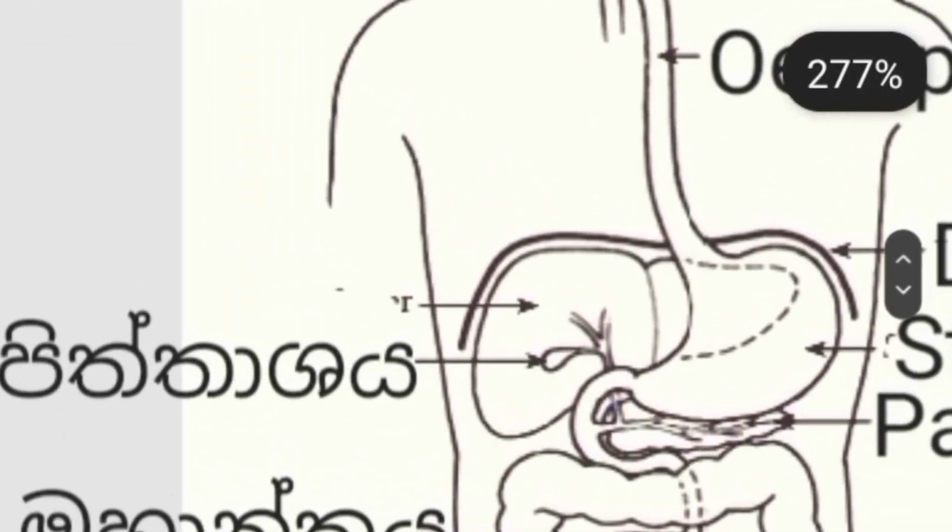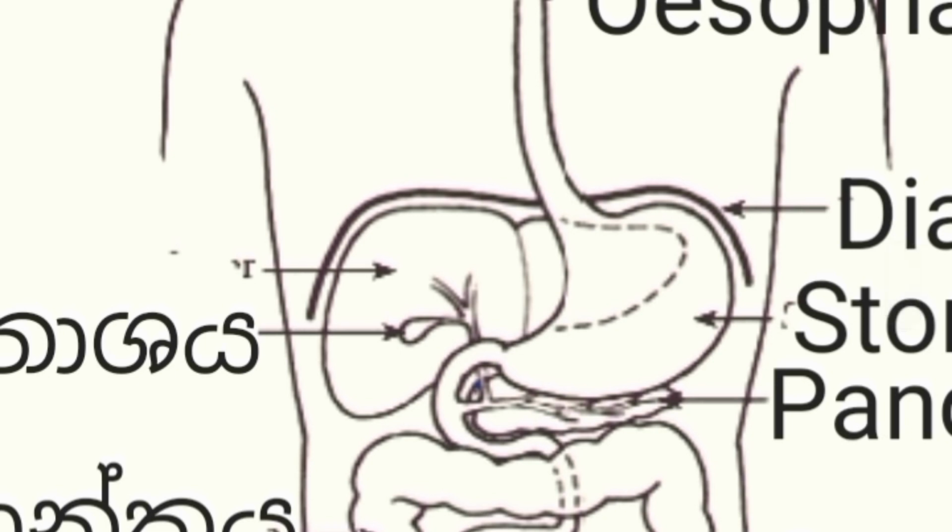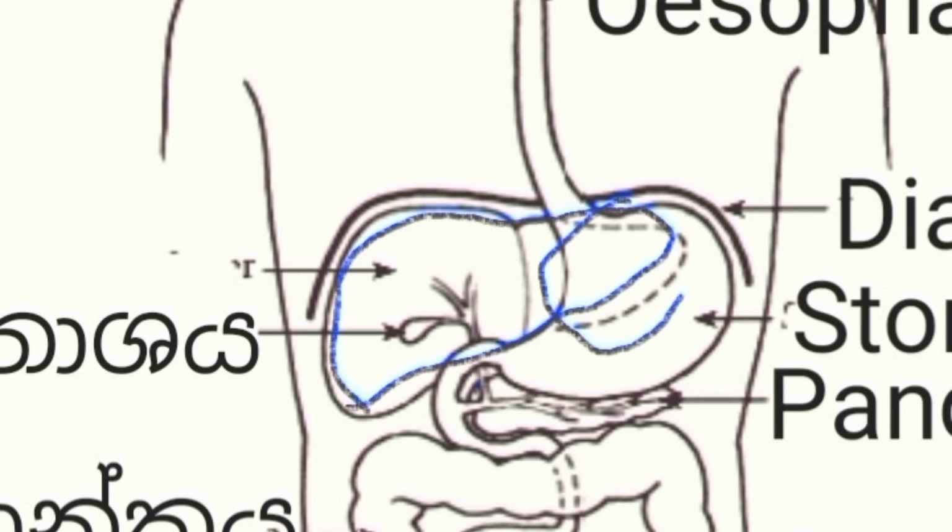The next organ that we have to label is this triangular shaped organ, the part on top of the stomach.